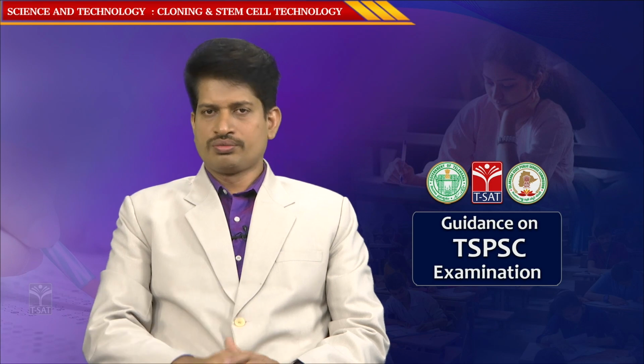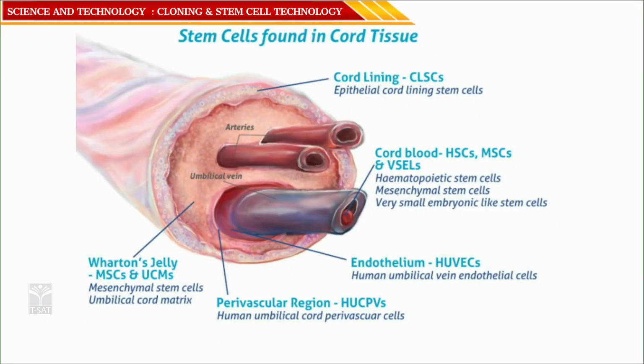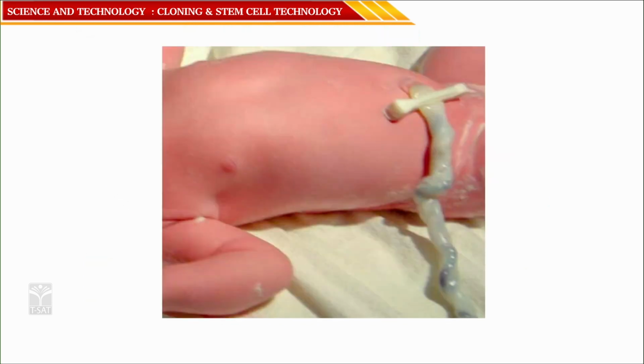This is a tissue which has certain stem cells that can be extracted and preserved for about 100 years in cryogenic conditions. For example, in Hyderabad we have stem cell banks. This tissue would otherwise be wasted and discarded after the birth of the child.